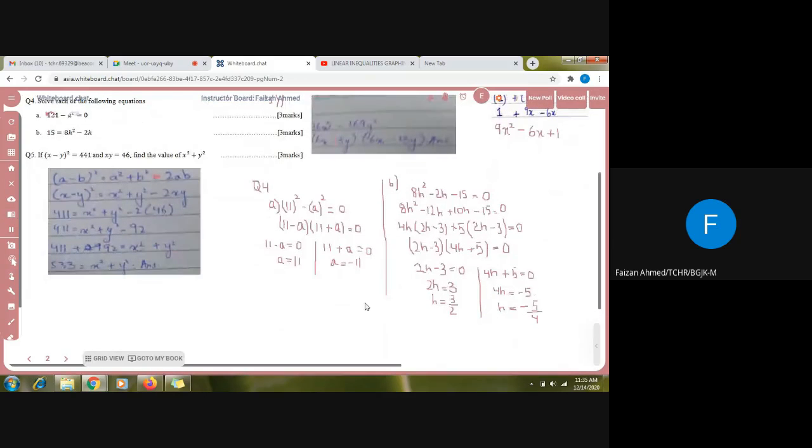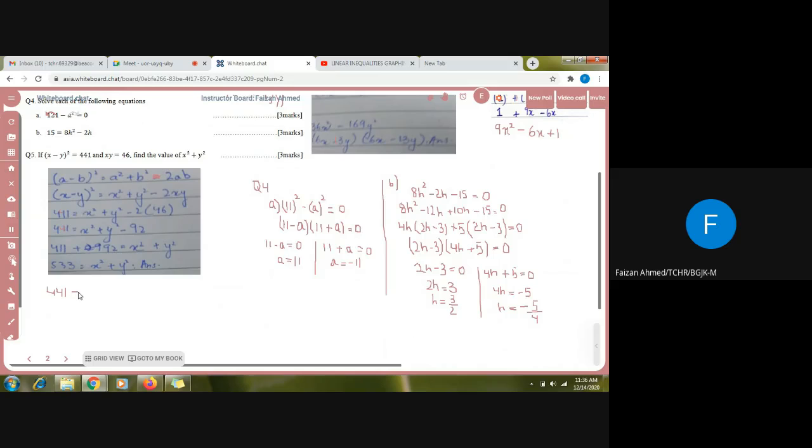I will solve it over here just to clear the confusion. The value of x minus y whole square is 441.